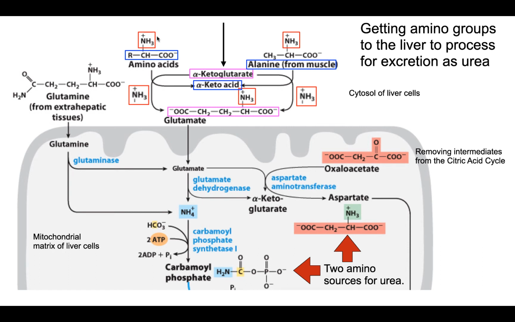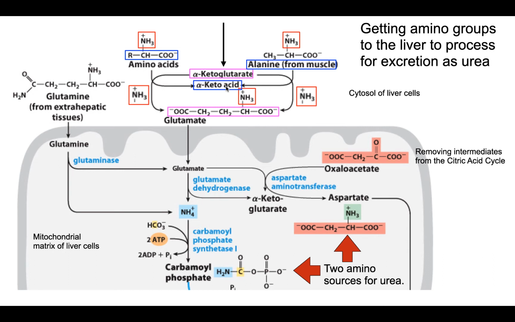These amino acids do the same thing. They dump their amino groups onto alpha-ketoglutarate to become glutamate and themselves become an alpha-keto acid. Now, what exactly alpha-keto acid they become? Well, it depends upon which amino acid they were. For example, if they were alanine, that alpha-keto acid they become would be pyruvate.